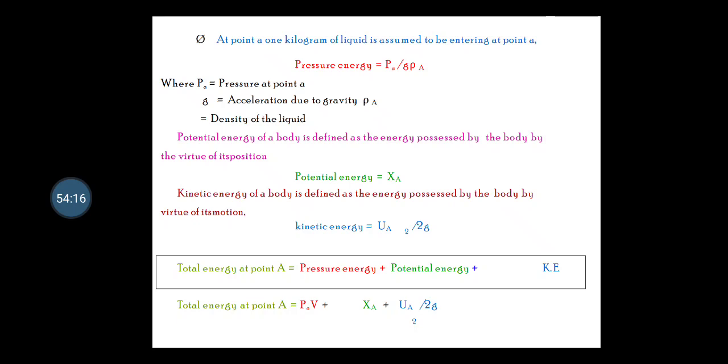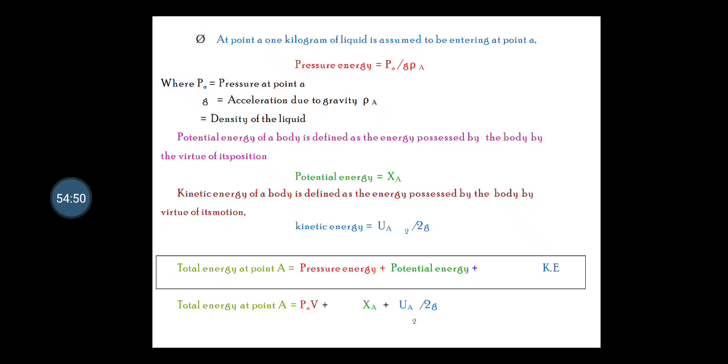So we have to look at the pressure energy equation, and the total energy at point A comes from clubbing together these three energies: PAV plus XA plus UA square divided by 2g. In a very simple manner I have made this arrangement of the talk on the flow of fluid.